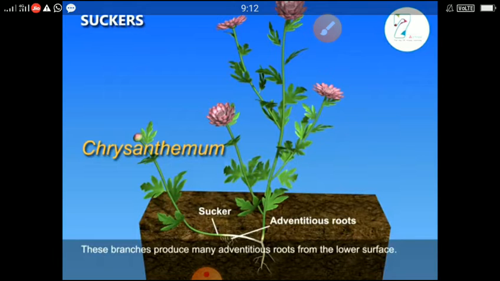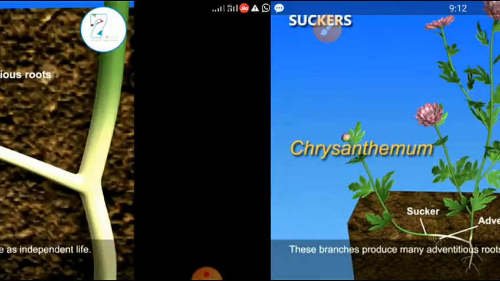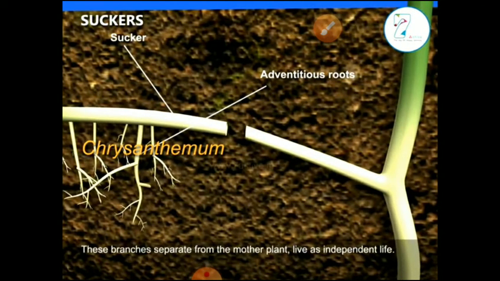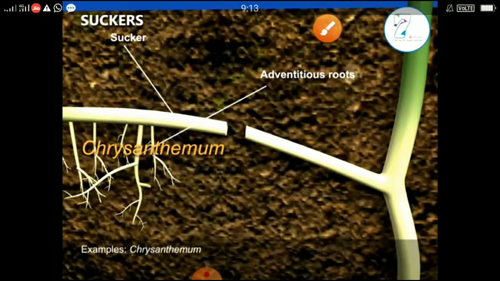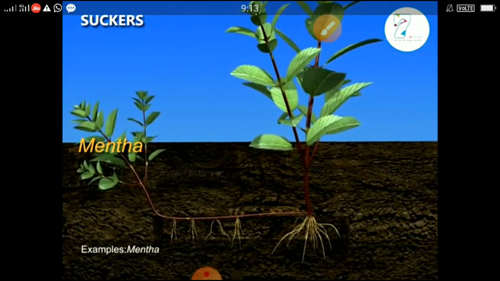So from the suckers, what will develop? Many adventitious roots can develop. When these branches separate from the mother plant, they lead an independent life. Examples: chrysanthemum, mentha.